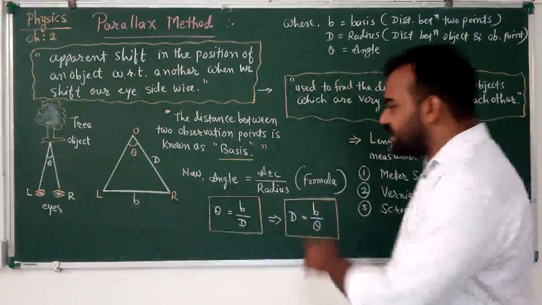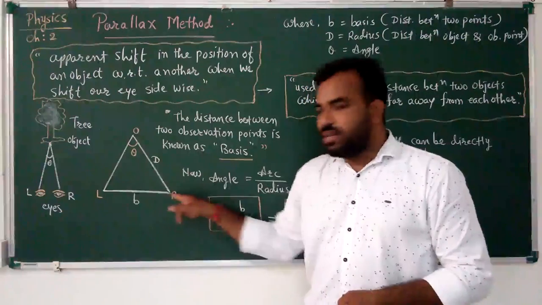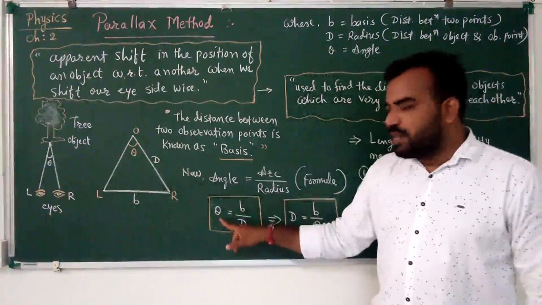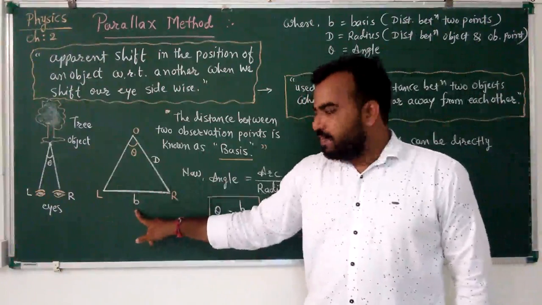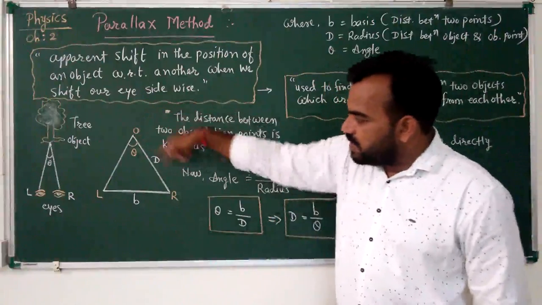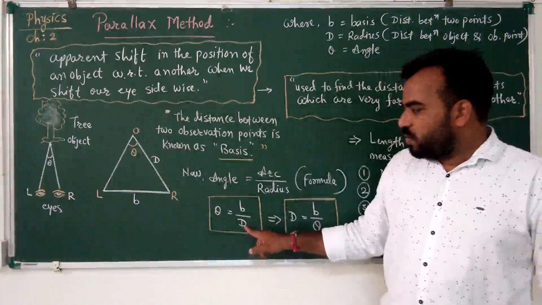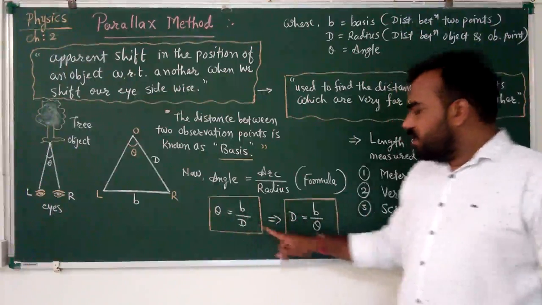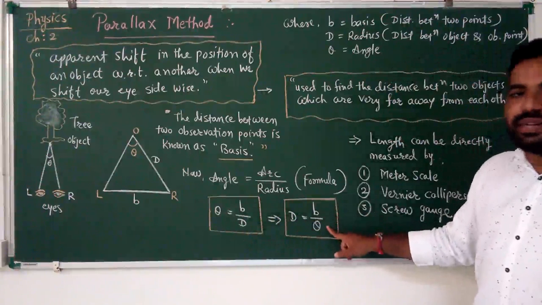So arc is nothing but LR, and LR is nothing but b. Angle is denoted by theta. Arc is nothing but LR, and LR is b. And what about radius? This is center point, and this much distance is known as radius. Radius is D. So theta is equal to small b upon capital D. Therefore capital D is equal to small b upon theta.